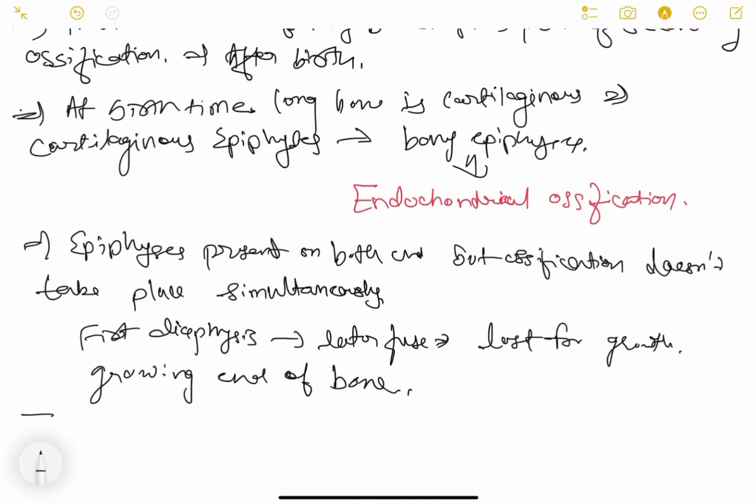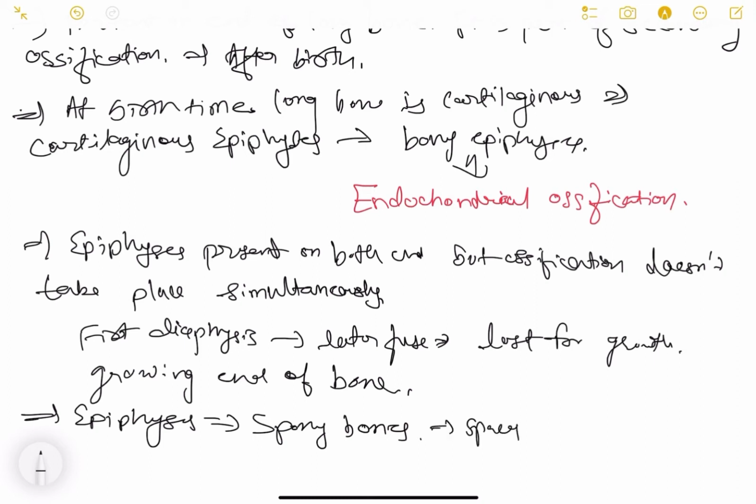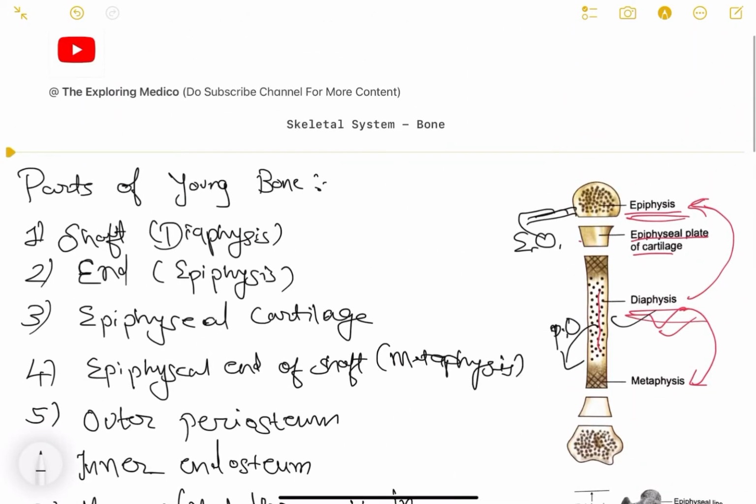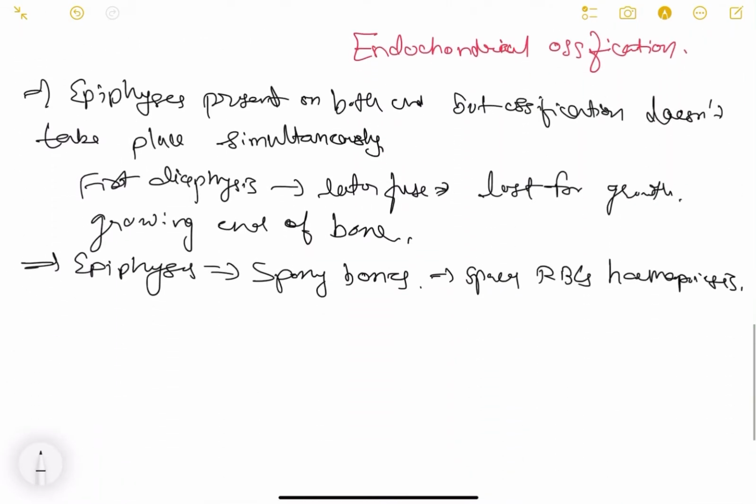And this epiphysis is filled with spongy bones. And in these spongy bones there are spaces where RBCs are present, where hemopoiesis takes place. Getting? Can you see these dots? Here the hemopoiesis takes place.